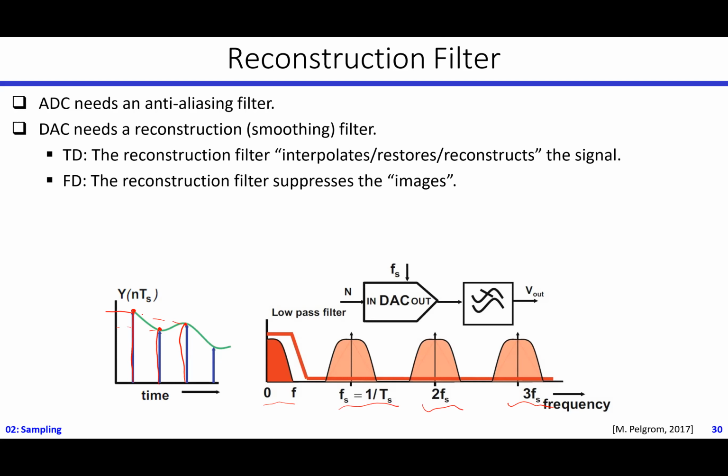So what is the DAC supposed to do? Just from an easy point of view, if those are my impulses and my DAC connects those points with each other to get a continuous voltage signal.